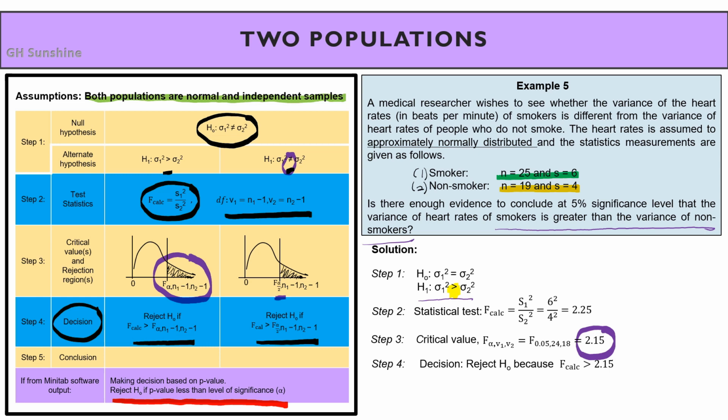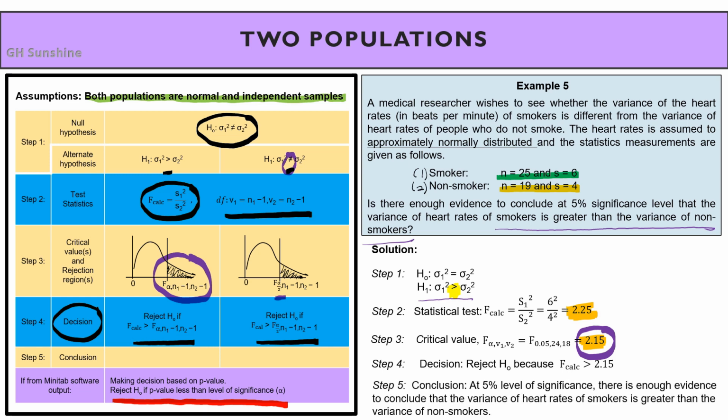Therefore, reject H0. Why? The F calculation, 2.25, is greater than the critical value. That's why we reject H0. Therefore, at 5% level of significance, there is enough evidence to conclude that the variance of heart rates of smokers is greater than the variance of non-smokers.